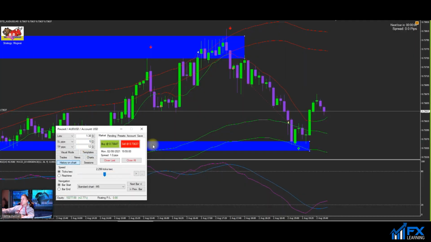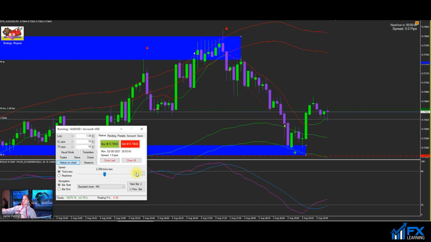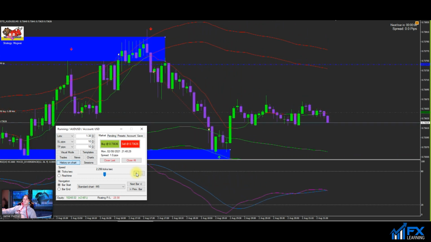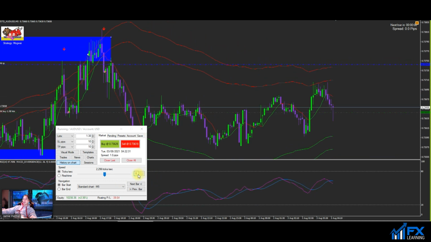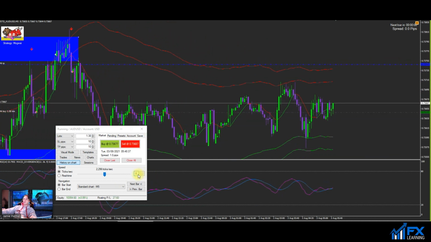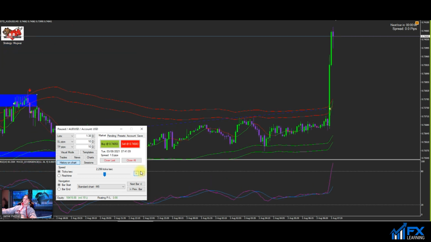So 10 pip stop loss, 10 pip take profit. We're going to take a buy. There's my stop loss, there's my take profit. Does this trade win? Come on, it might take profit. There we go. Nice.